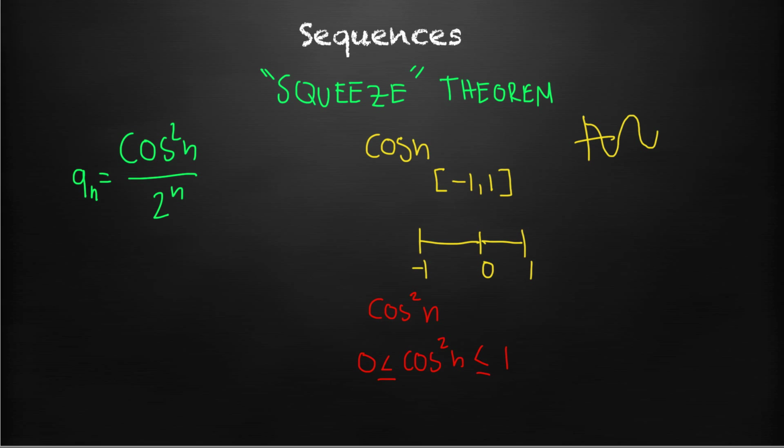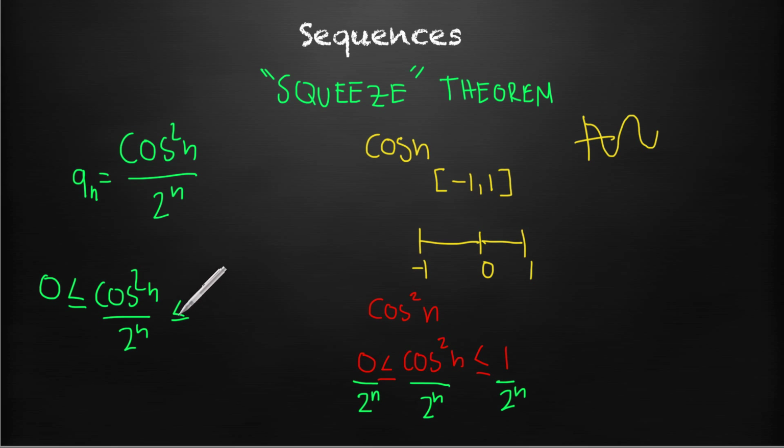All right, so now what we're trying to analyze is what cosine squared n over 2 to the n is going to do. So we're going to divide each of these by 2 to the n. Well, 0 divided by 2 to the n is just going to be 0. And cosine squared of n over 2 to the n, we'll leave that alone. And then over here we have 1 over 2 to the n.